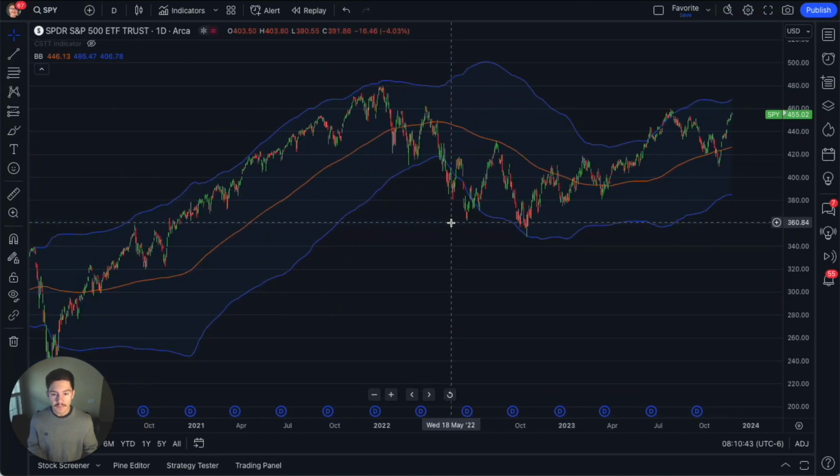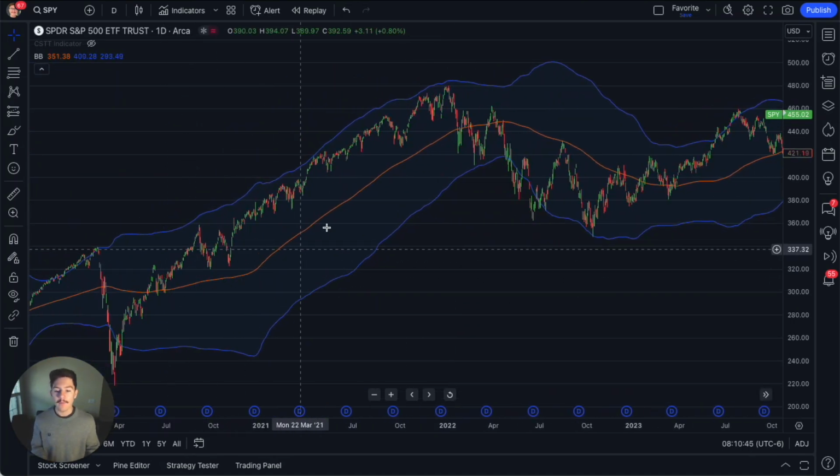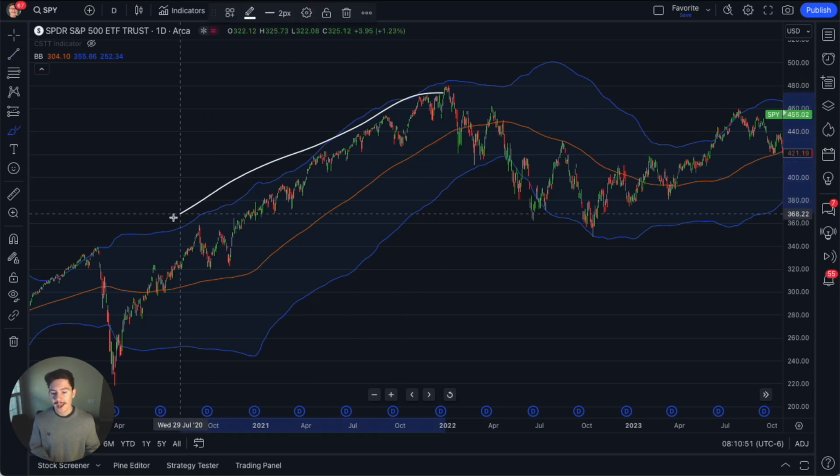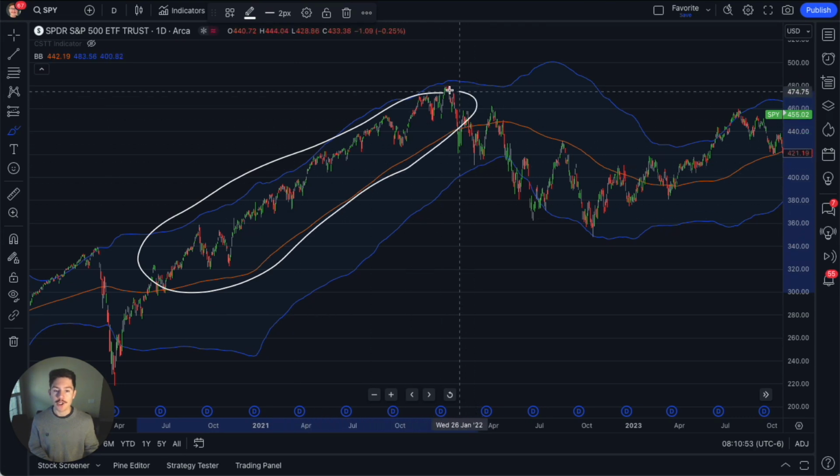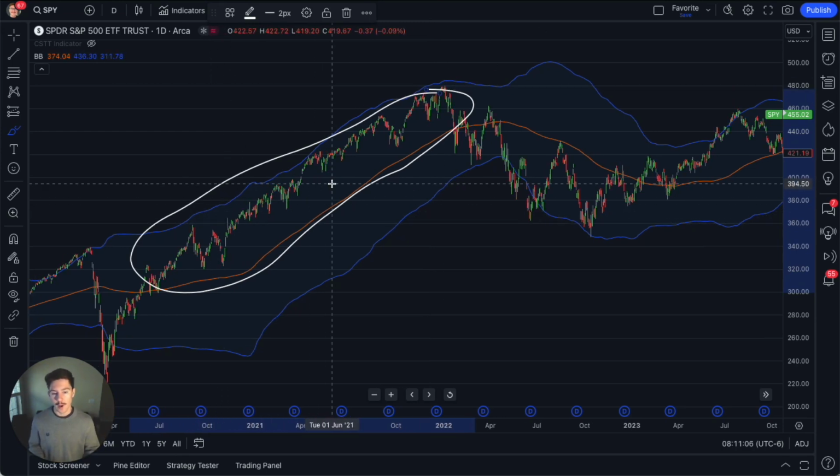Let me show you. Right here, if you're above the middle line, but below the top line, this is known as an uptrending market. The strategies you look for are breakouts, resistance plays, dip buys, things like that. You're trading momentum, you're trading strength, you're trading an uptrend when you're in this range.